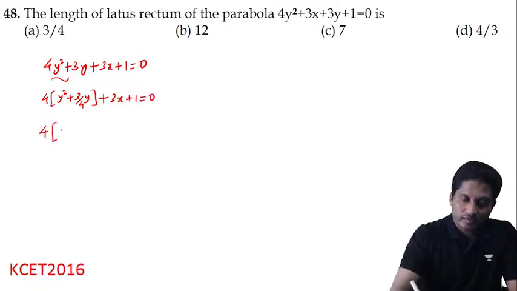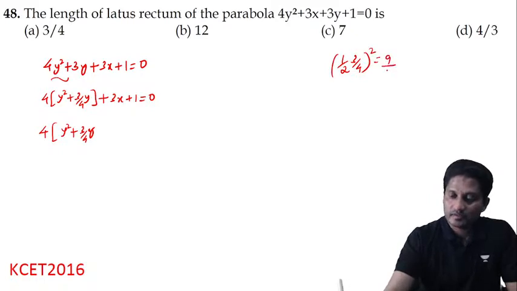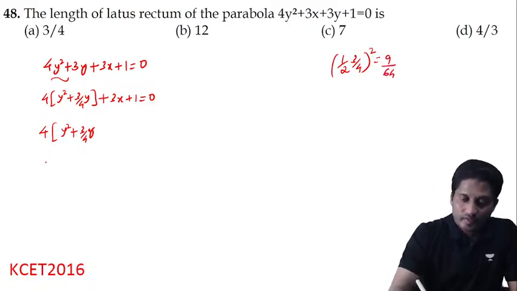4 times y square plus 3 by 4 y. Completing the square: add and subtract half of the coefficient of y, the whole square. This is 9 by 64. I'll add 9 by 64 and subtract 9 by 64, plus 3x plus 1 equal to 0.